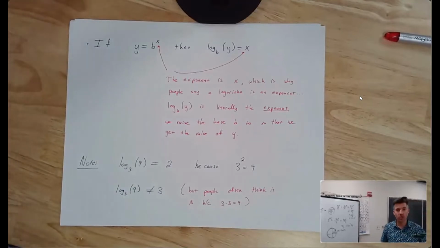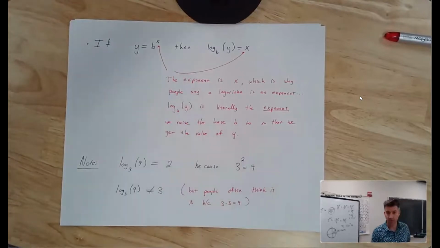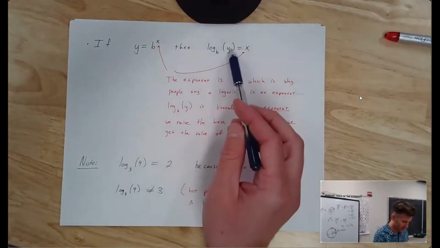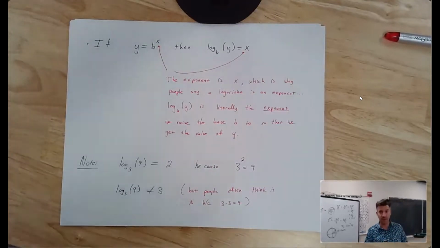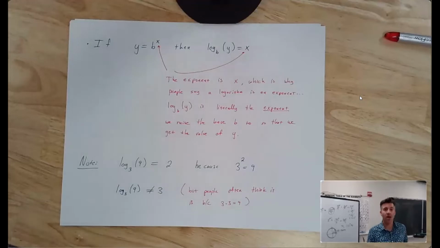So more generally, if you have y equals some base to some power, b to the x, that's equivalent to log base b of y equal to x. So log base b of kind of the outcome is equal to the exponent. And the reason I wanted to mention this is because a lot of times you might hear someone say a logarithm is an exponent.